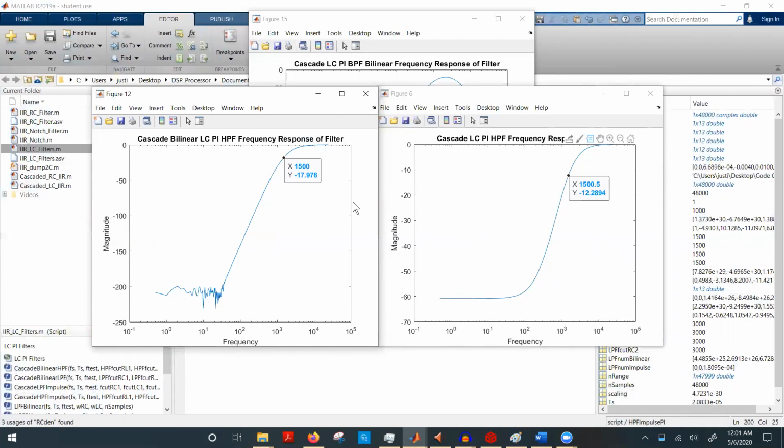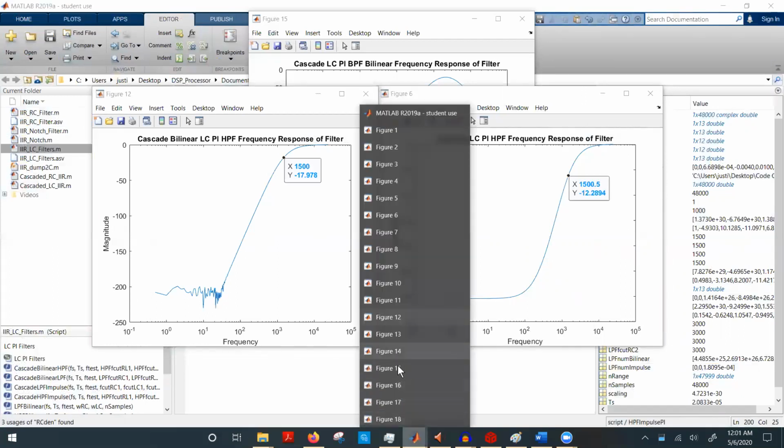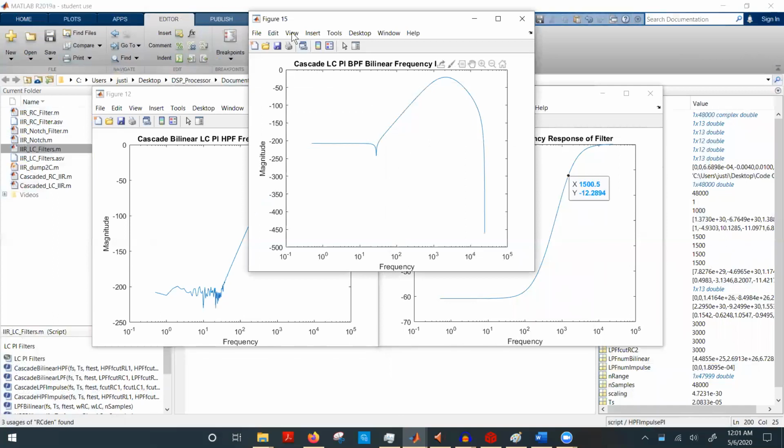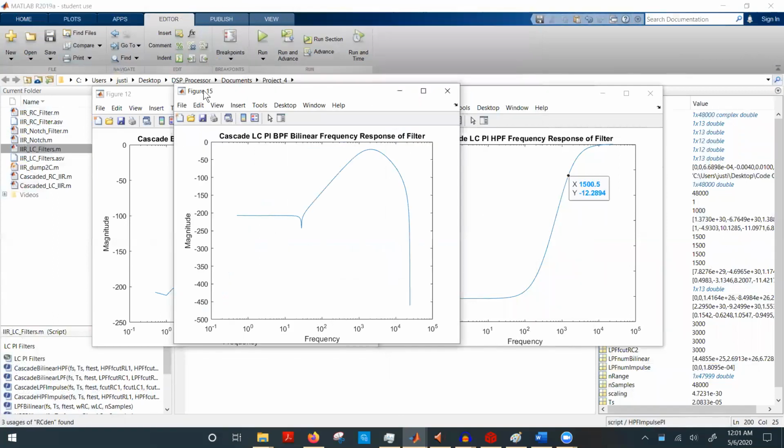So with that in mind, that's the high-pass filters. Now we can start combining them. So this is the cascaded bilinear. That means it's going to take the bilinear low pass and the bilinear high pass and cascade them together. So if I look for where my cutoff frequency is, it should be 1500 on this side as I move this over.